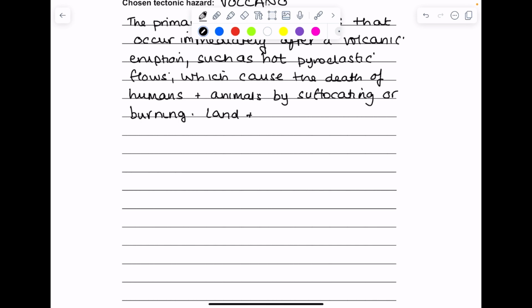Land and property is buried under ash cloud, really using our source here as seen in figure B.